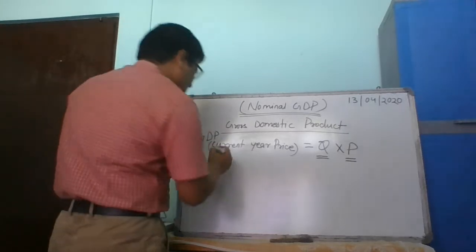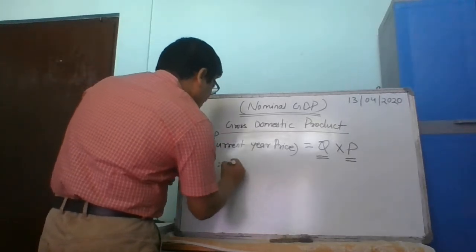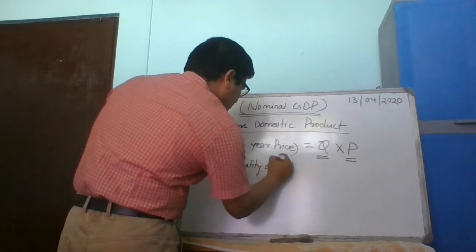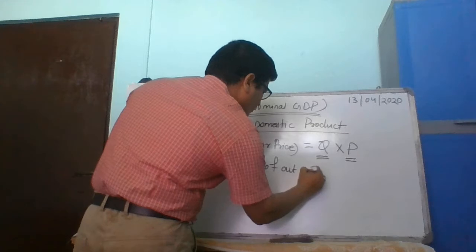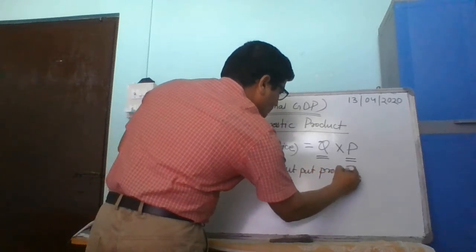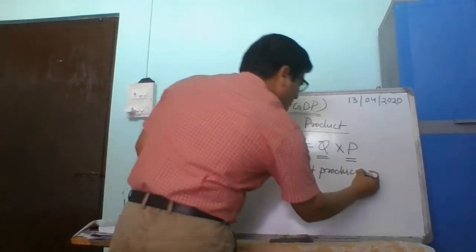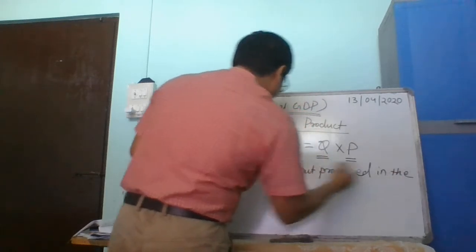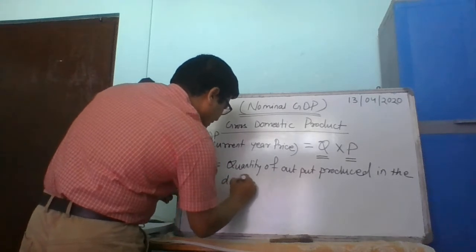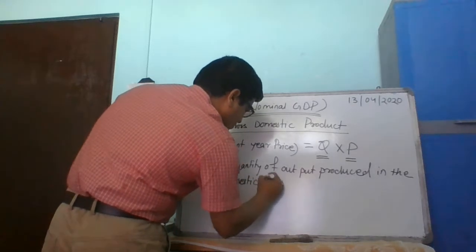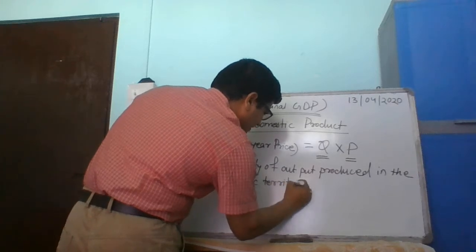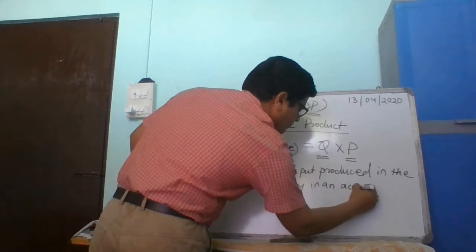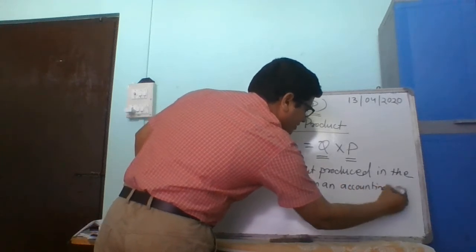Q is the quantity of output produced in the domestic territory in an accounting year.